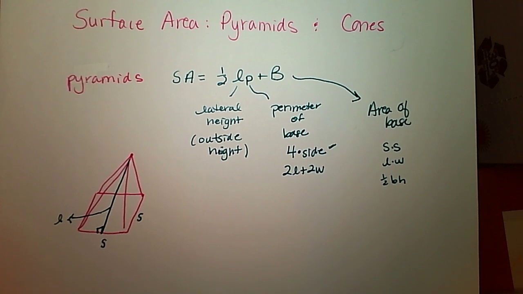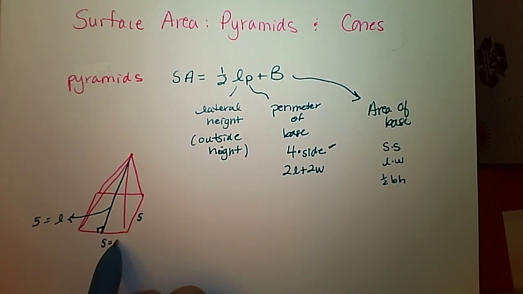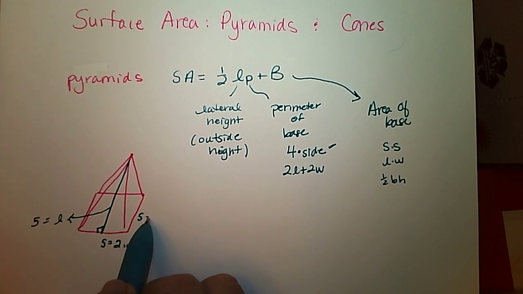So let's look at a basic problem for a pyramid. Then we'll look at a little more complex problem for a pyramid. Okay, so first, I'm just going to write on this picture and say, let's say our lateral here is 5 and our side here is 2 inches and 2 inches.